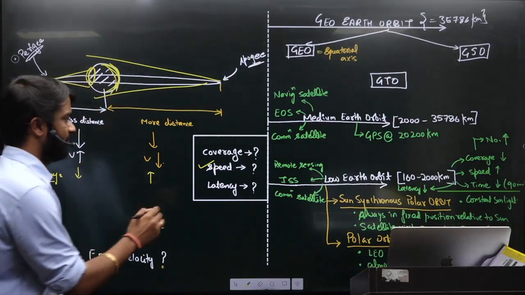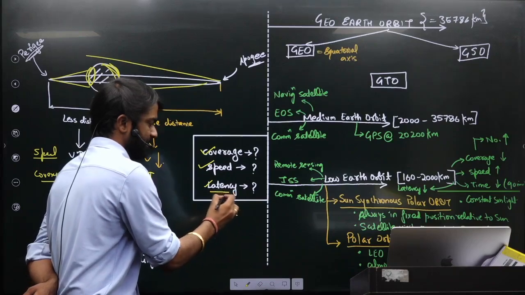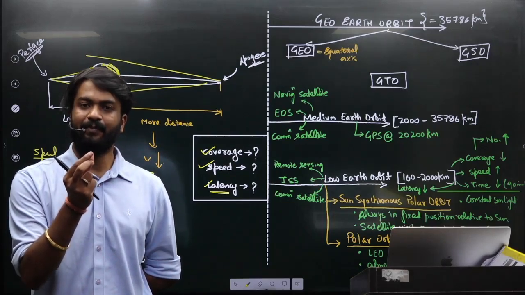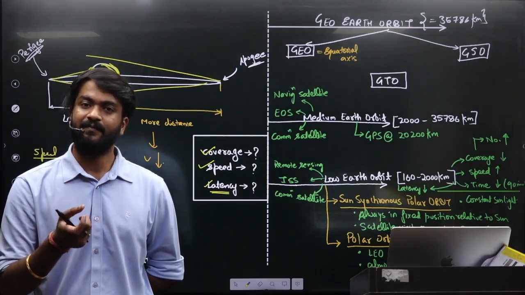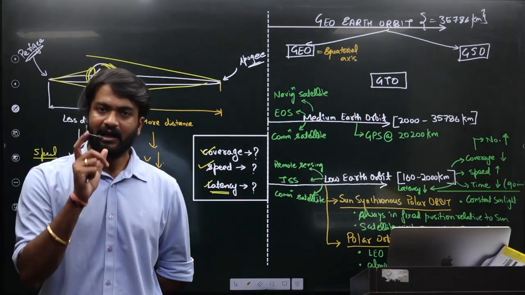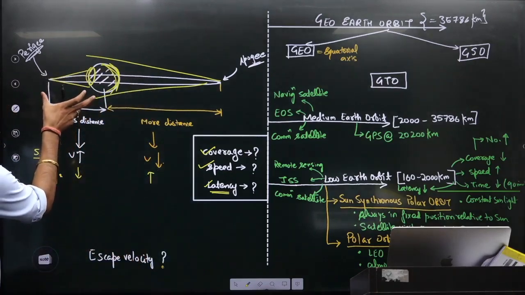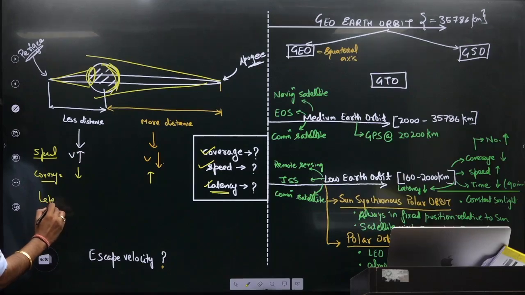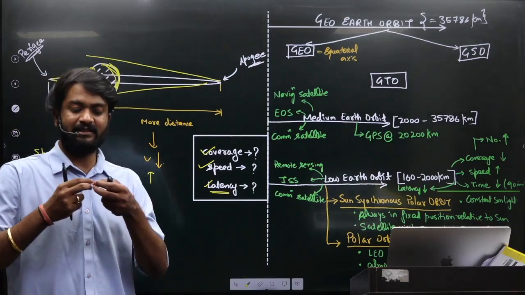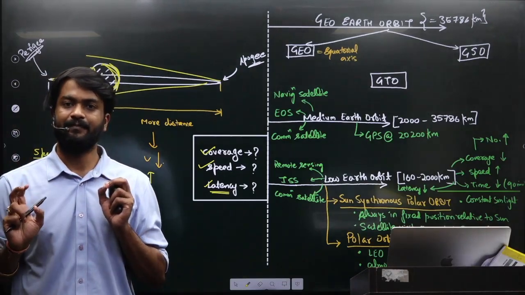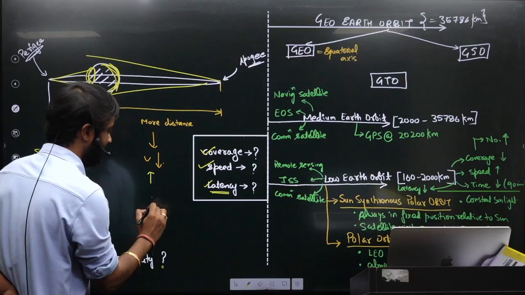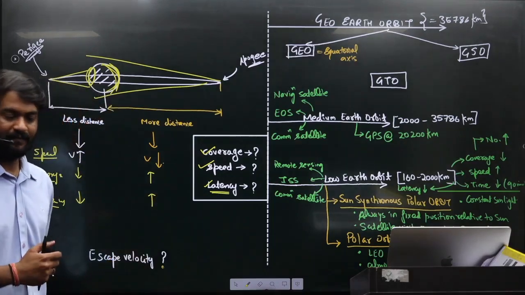Next thing which I wanted to follow is the latency. If you remember my science and tech lecture, latency is the time gap to receive the signal back. What will be the situation in both cases in terms of latency? If the satellite is near to the earth, my latency will decrease, sir and ma'am. It will take less time for the signal to travel and come back. And when the satellite is far from the earth, my latency will be high.